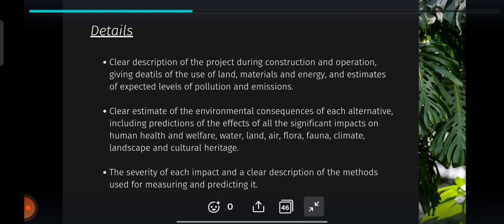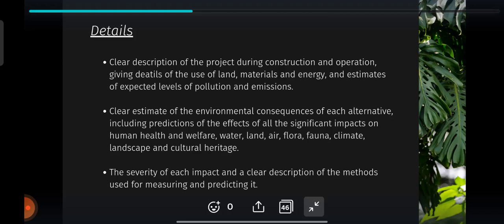First detail is a clear description of the project during construction and operation, giving details of the use of land, materials and energy, and estimates of expected levels of pollution and emission.